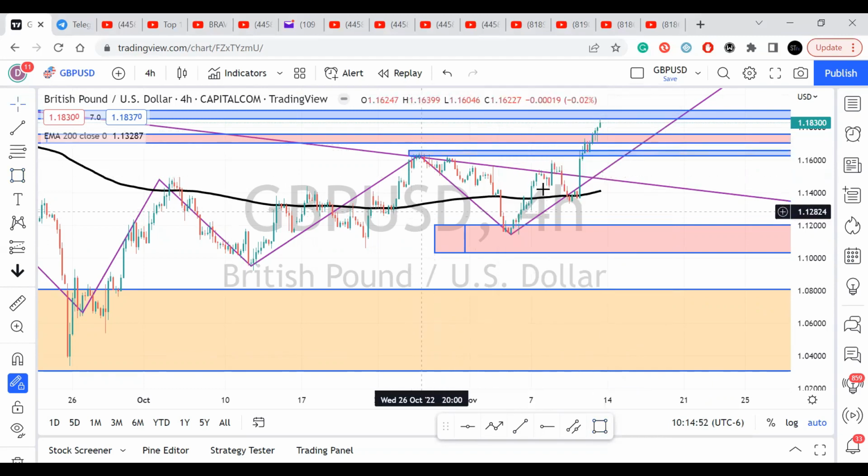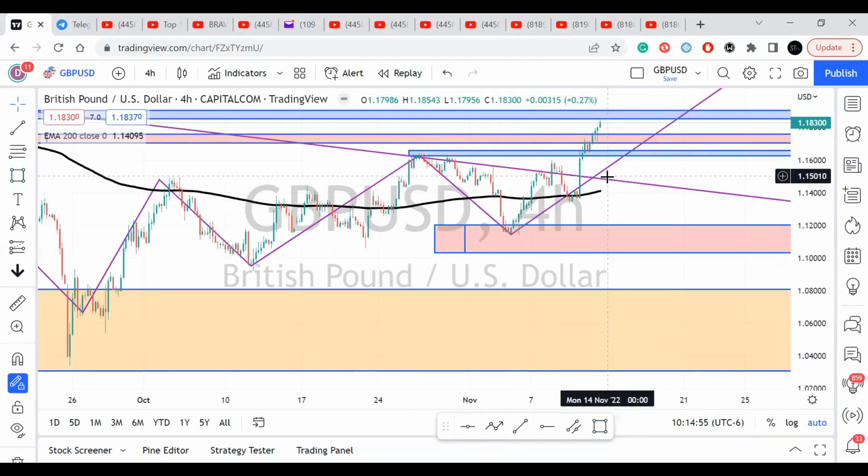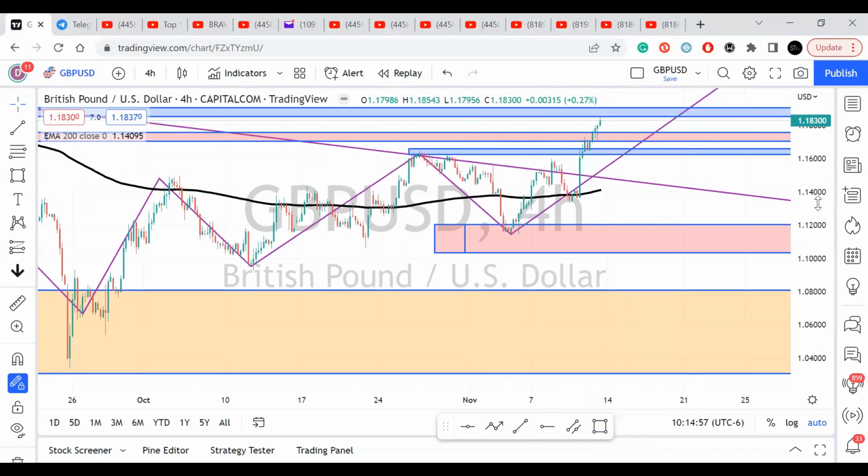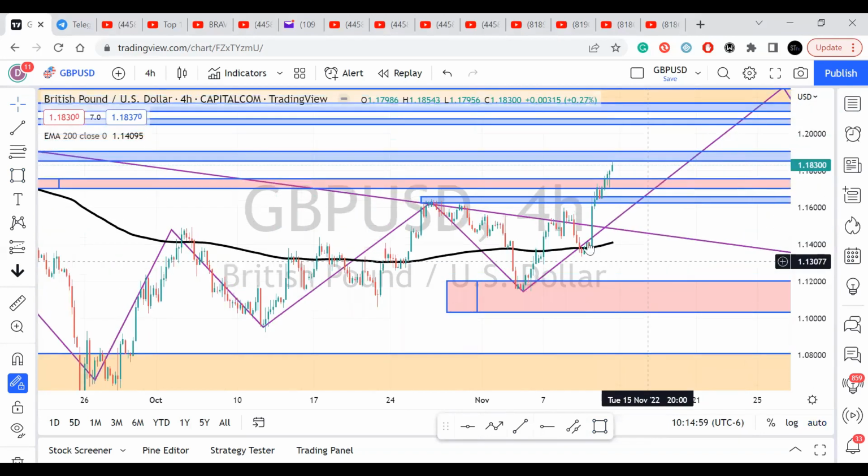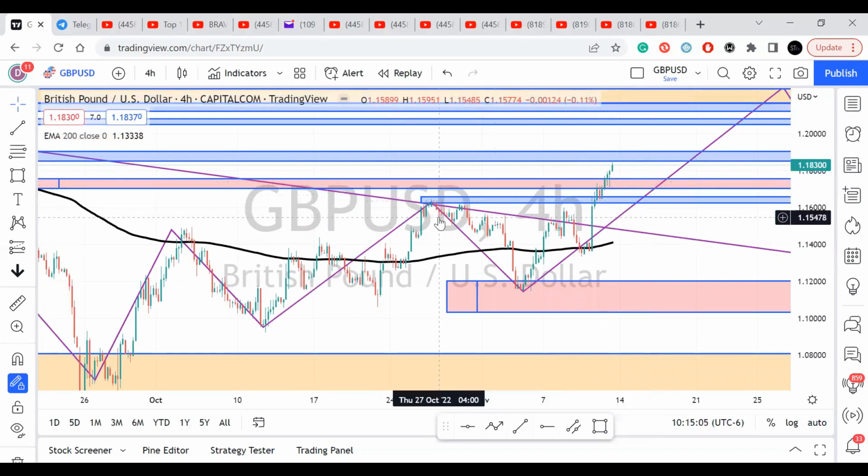Price already broke this. Price came to this daily high, then there was a drop to retest this H4 structure. Then from there we had a push up to the upside into this current zone.